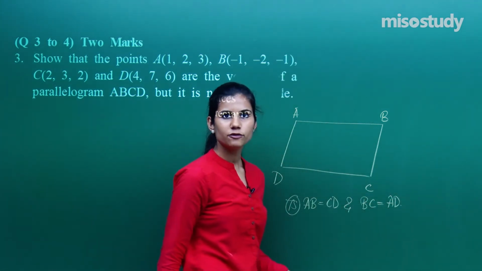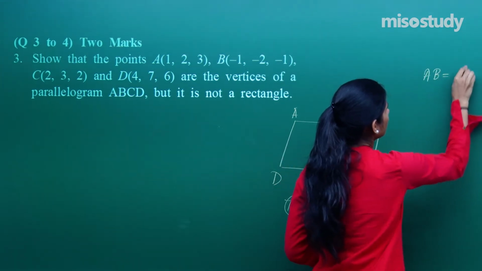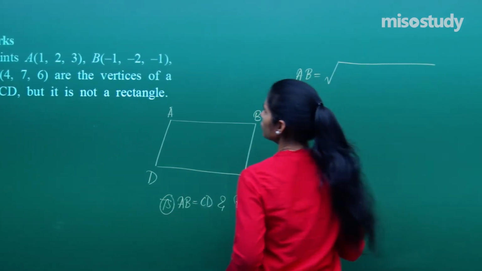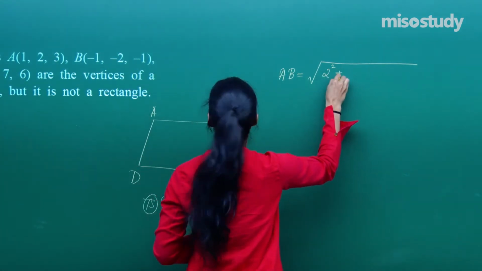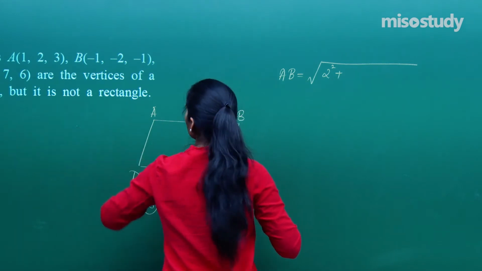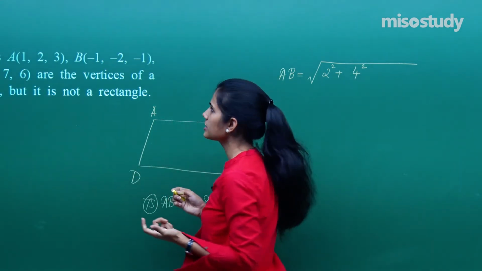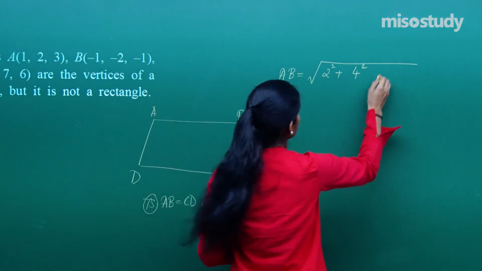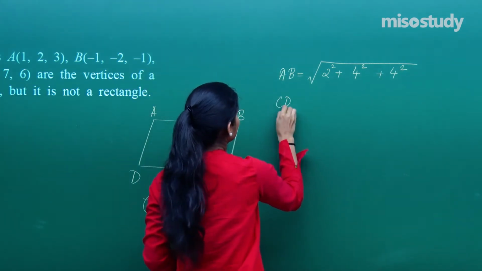First of all, this is what I have to show. Let's talk about AB. Minus 1 whole square, minus 2 whole square, minus 4 whole square and 4 whole square is the same thing, minus 1 minus 3 whole square. Then I have to calculate CD.